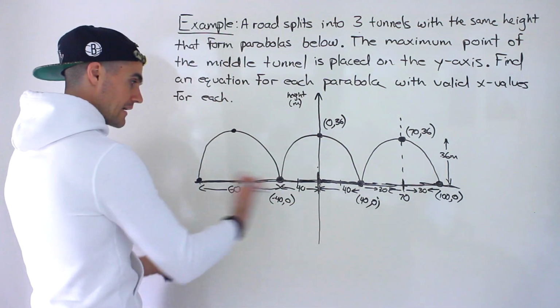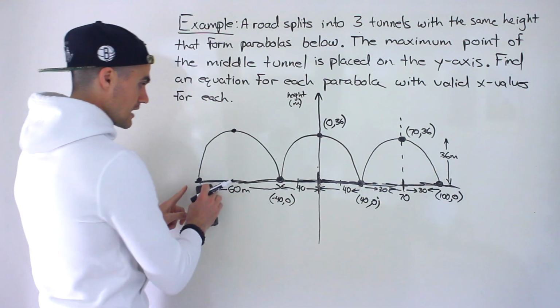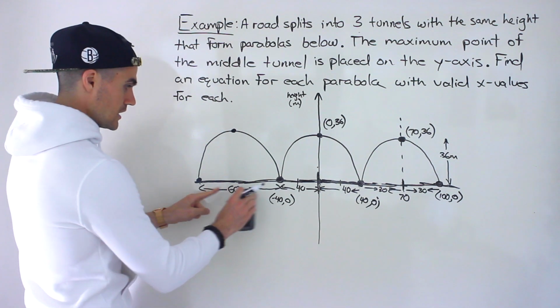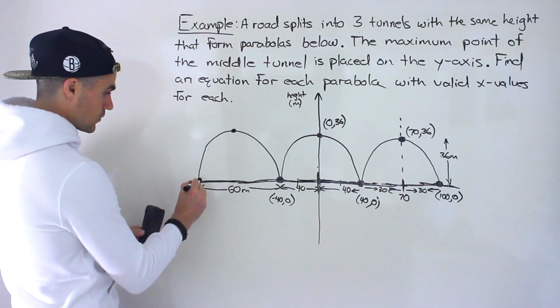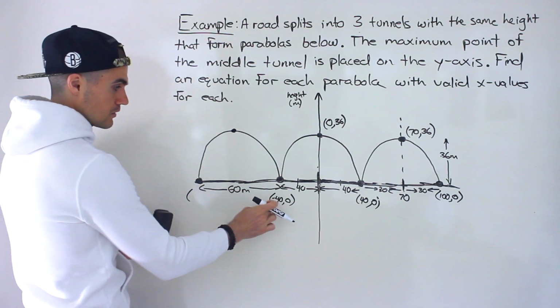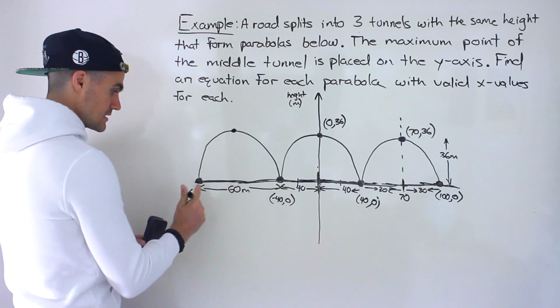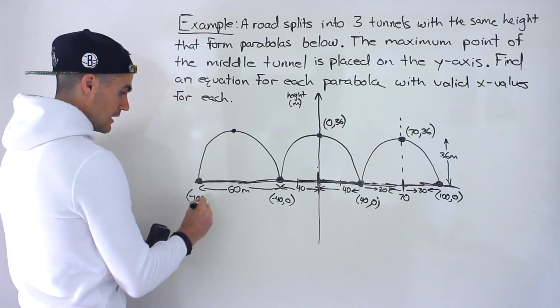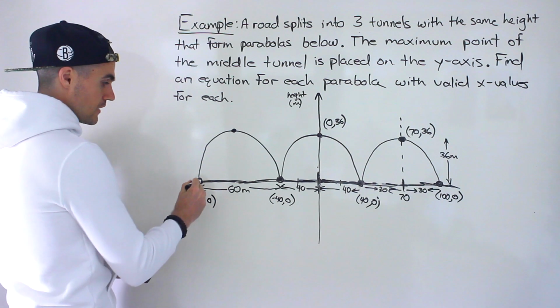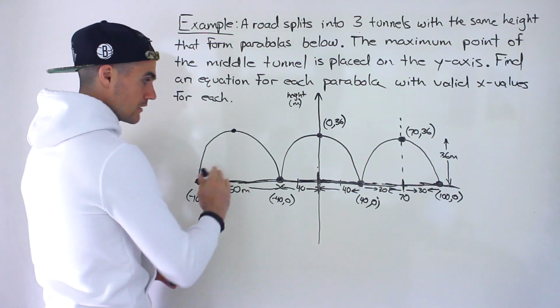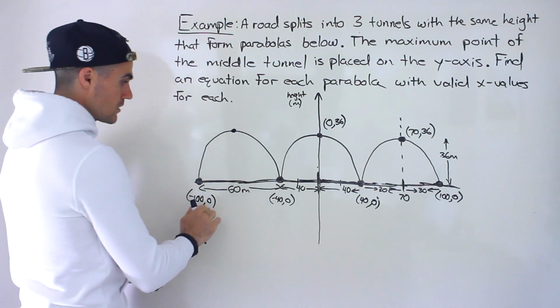Okay, and then going back this way, same thing. So instead of doing this full 60, well, we could actually use this full 60 to get the coordinate of this over here. Notice negative 40 minus 60 would give us negative 100. And then we're going to have an h value of 0, right, because it's on the ground, so the height above the ground is 0.